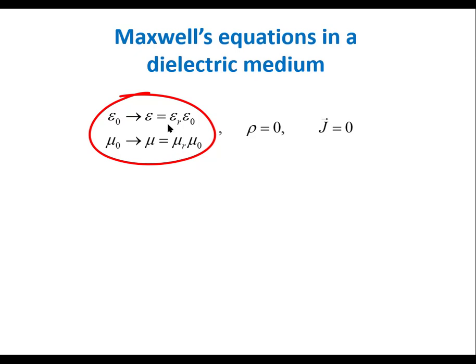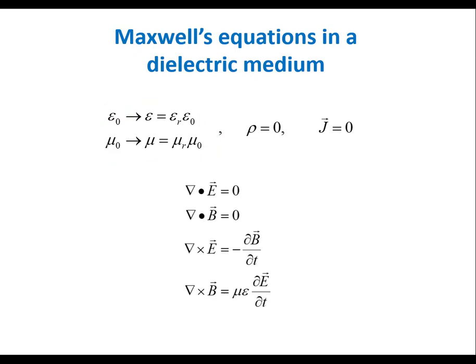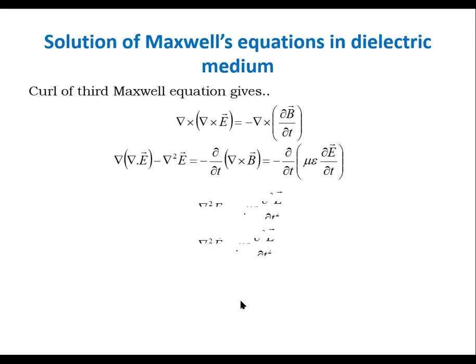Epsilon r is known as the relative permittivity of the medium and mu r is known as the relative permeability of the medium. Now the Maxwell's equations become these. The only difference is in the coefficient. So all the treatment will be the same.